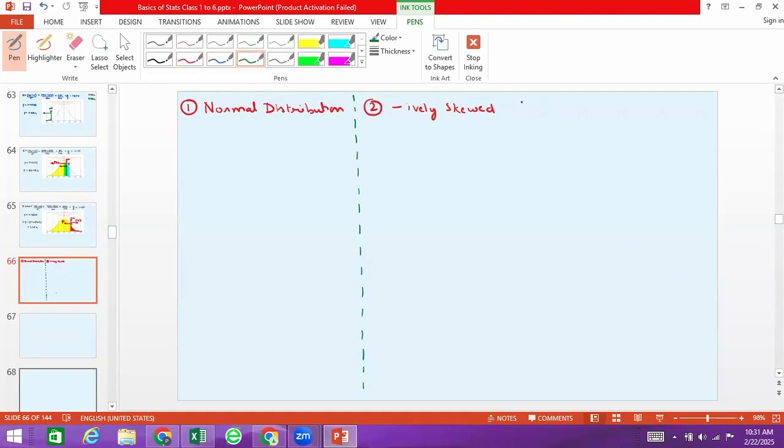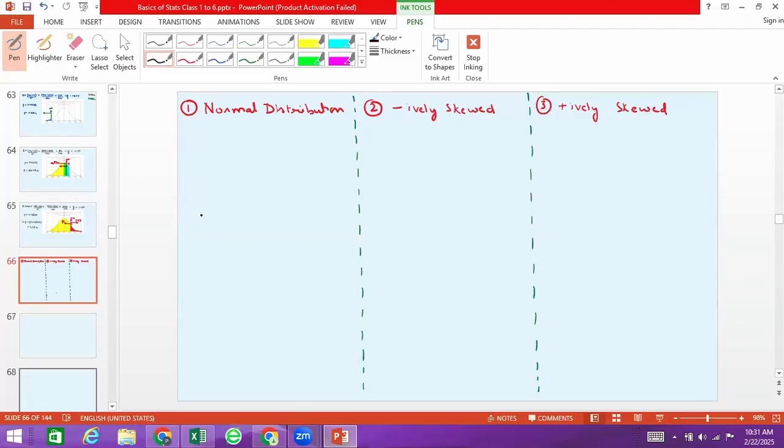Okay, we will see what negatively skewed means. And the third one is the positively skewed distribution. Okay, we'll see what these three different types are.